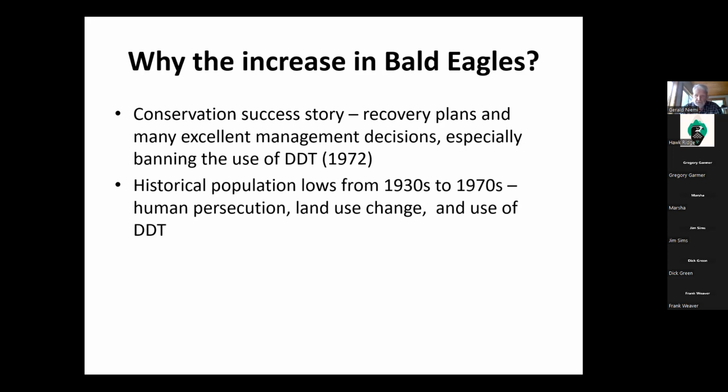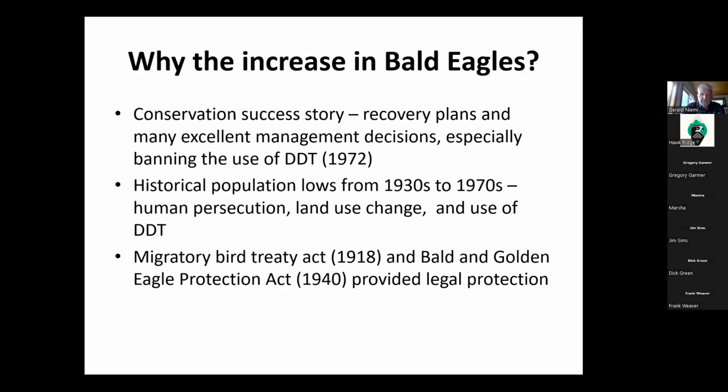So they had really historic population lows from the 1930s to the 1970s. Human persecution, shooting and trapping of these birds, was rampant at some point in time. There's also a time of big land use changes, and again, DDT being used. A couple of other things that are important.